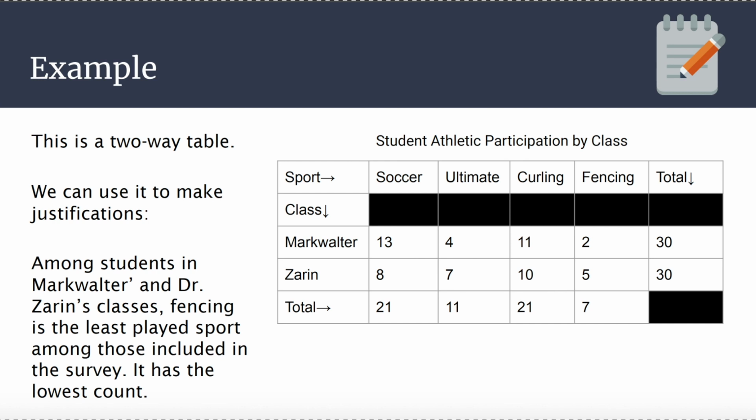So I surveyed people, let's say, and found out, are you in Markwalter's class or are you in Dr. Zaren's class? And then of these four sports, which of these do you play? Soccer, ultimate, curling, fencing. Those four sports are what people were surveyed on. All right. And let's say, just for the sake of cleaning things up, that all students played one of these four sports.